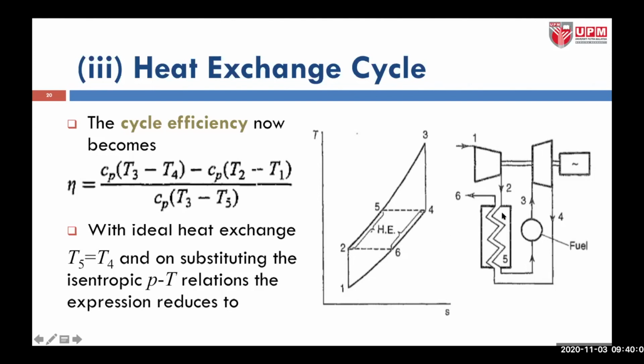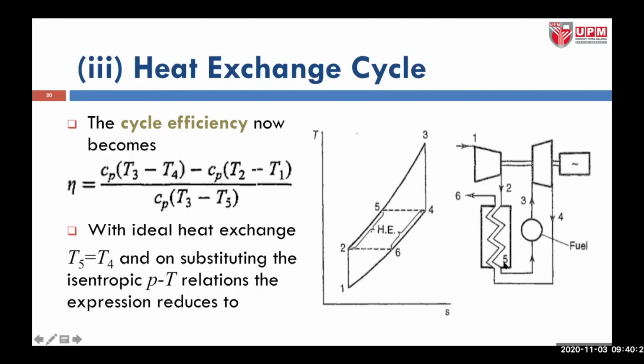Okay. This is due to, over here, when the air is being compressed, right? What happens to the air actually? The temperature of the air increases, right? So again, this is ideal heat exchange, meaning that we assume that it is perfect.